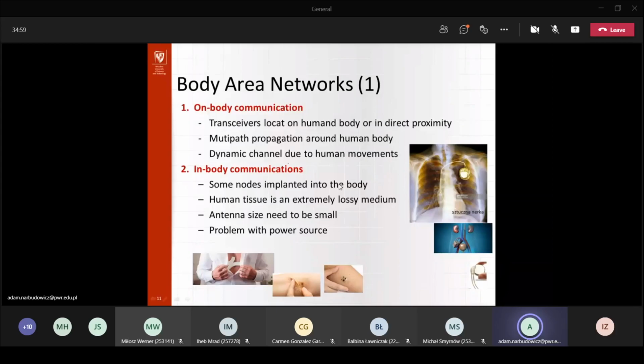Now, contrary to this is in-body communication. So this is basically, nowadays, the topic of medical devices, and especially any devices that are really implanted into the body. So as we can see here, sorry, here is the artificial kidney, which is communicating with some control unit outside.